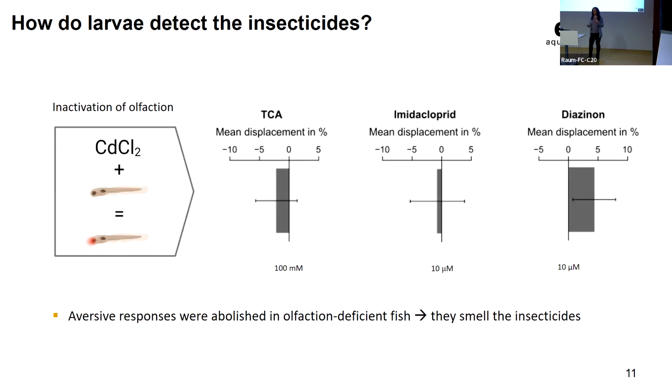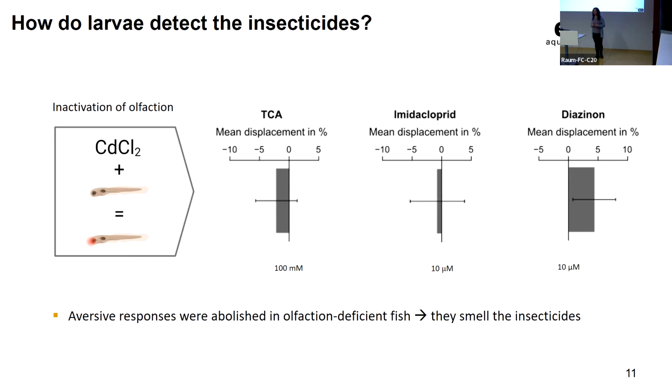Then we looked at how the larvae can detect these insecticides, and therefore we inactivated their olfactory system. We focused on the olfactory system because this system has been shown to be involved in detection of other substances before.